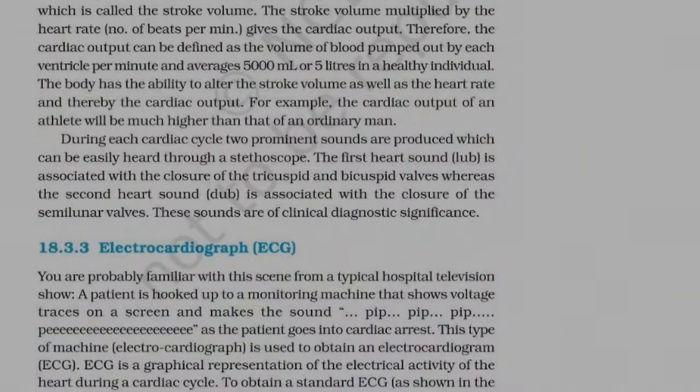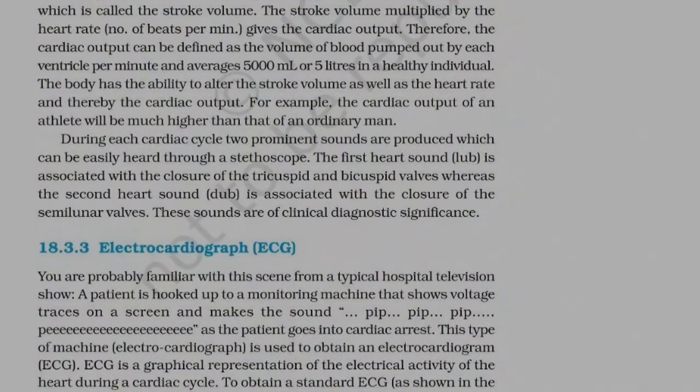The stroke volume, multiplied by the heart rate, number of beats per minute, gives the cardiac output. Therefore, the cardiac output can be defined as the volume of blood pumped out by each ventricle per minute and averages 5,000 milliliters or 5 liters in a healthy individual.